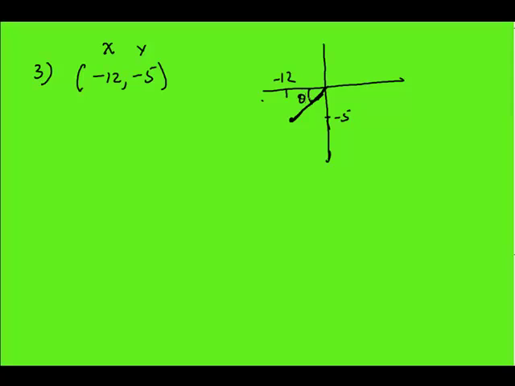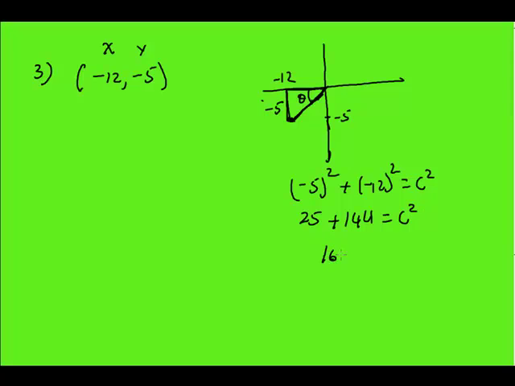We'll call that theta. Okay, I'm going to drop a perpendicular to the horizontal. So I have a right triangle where one leg is going to be negative 12, the other one's going to be negative 5. I need to find the hypotenuse of this. So I'm going to take negative 5 squared plus negative 12 squared is equal to c squared, which is 25 plus 144 is equal to c squared.